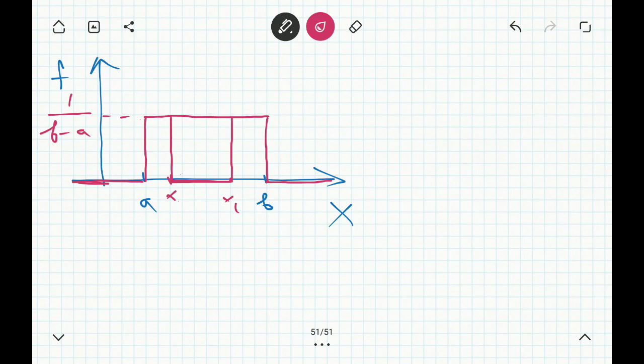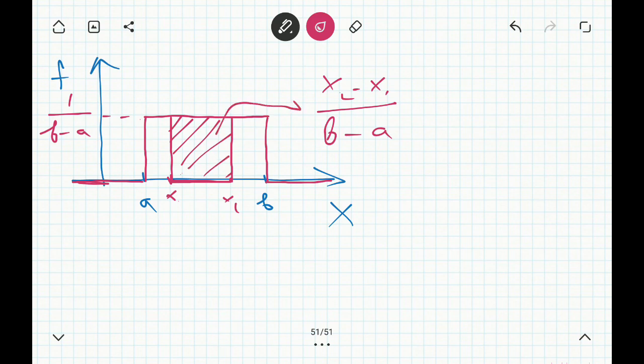So when you calculate (x2 minus x1) over (b minus a), you are in fact just finding the area of this part of the graph. So it's just the area under the graph. And that's the thing to remember.